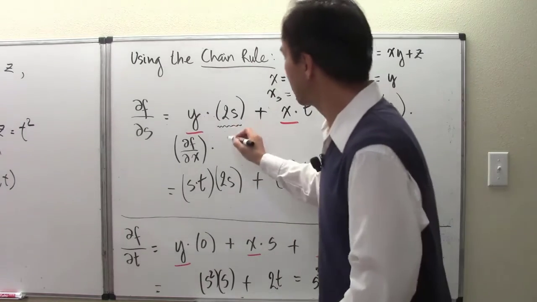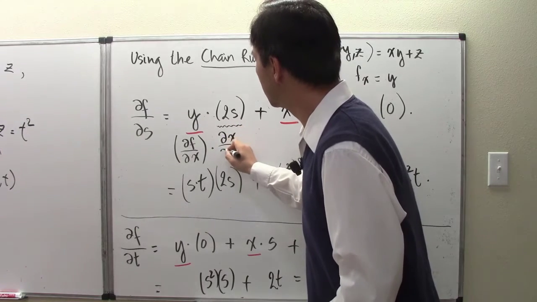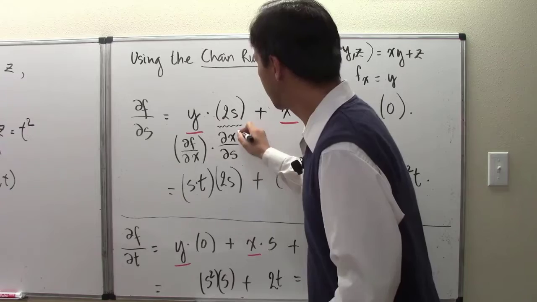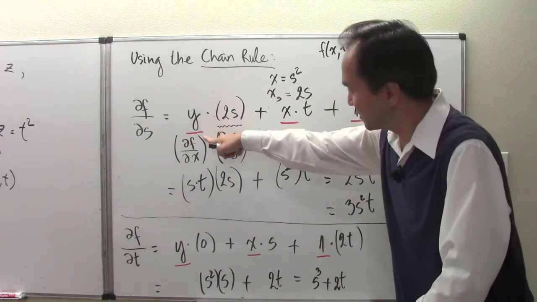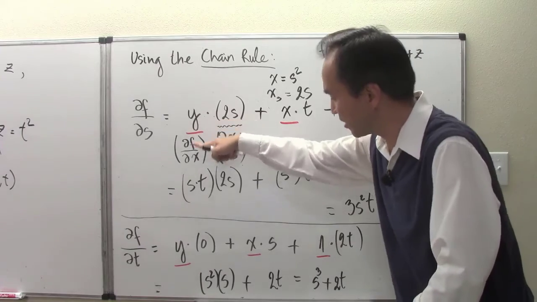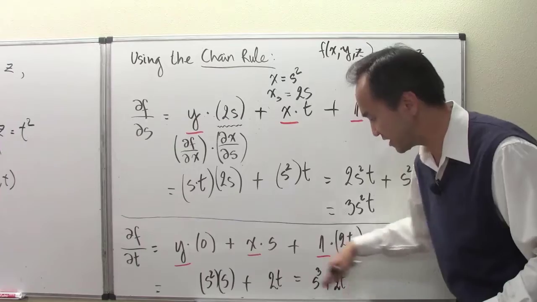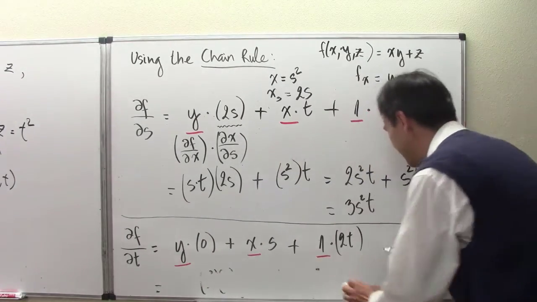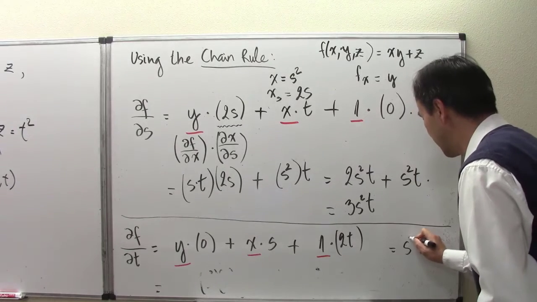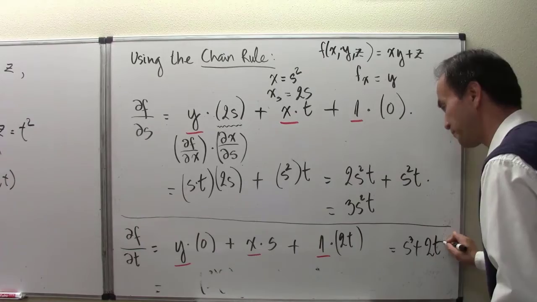So in other words, this is going to be dx ds. All right. And so now the underlined red component is immediately recognized in my final work, and let me erase this final answer because we already had it. The final answer was s cubed plus 2t.